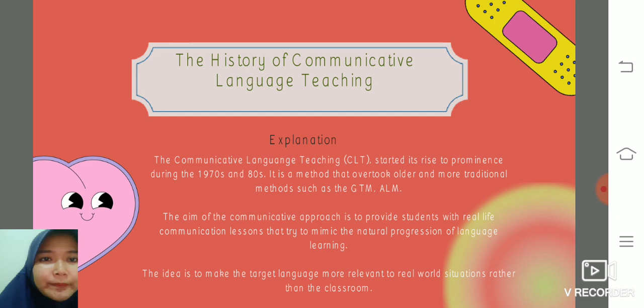The aim of the communicative approach is to provide students with real-life communication lessons that try to mimic the natural progression of language learning. The idea is to make the target language more relevant to real-world situations rather than the classroom.